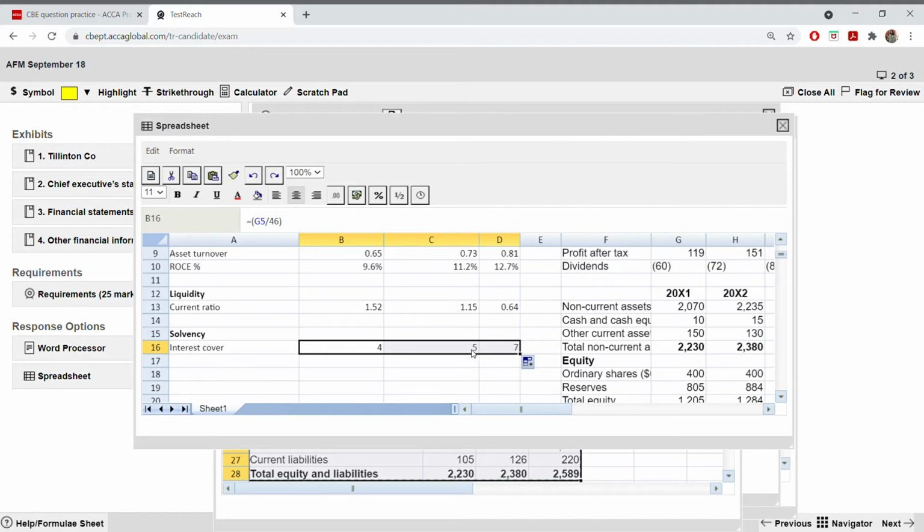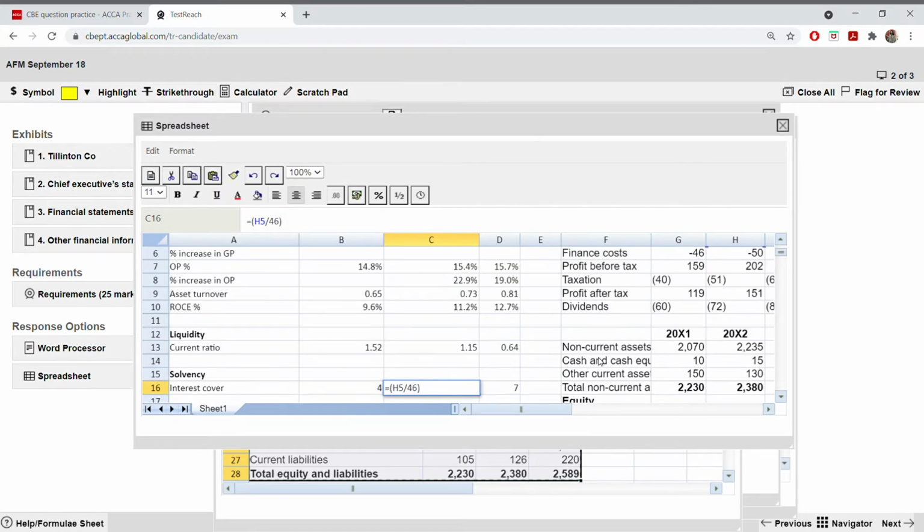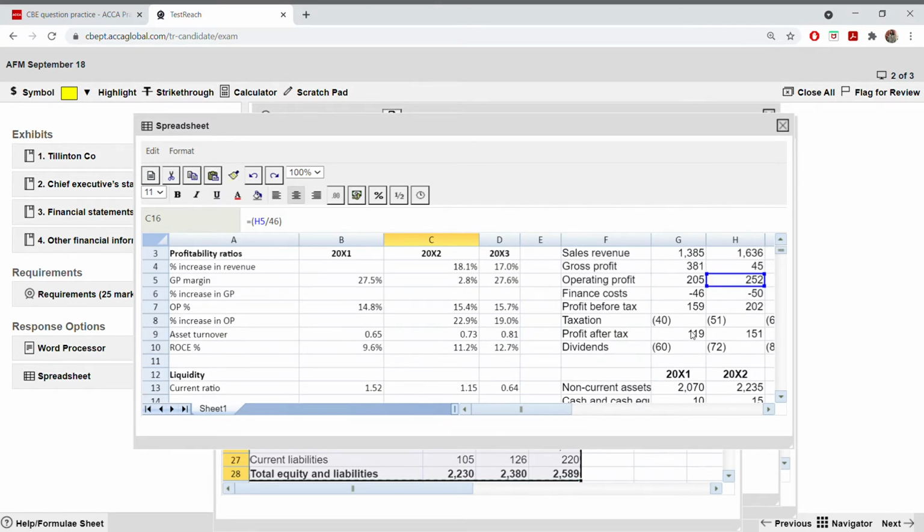This is correct, the 5. No, but the finance cost is 50. Okay, it is 250. 2 divided by 50.